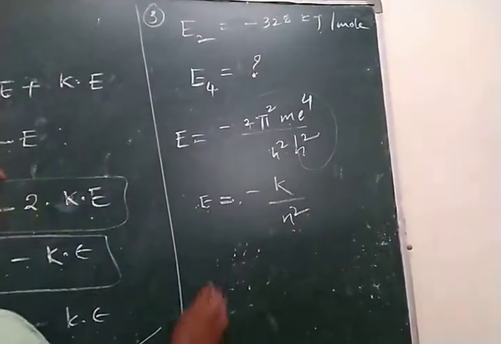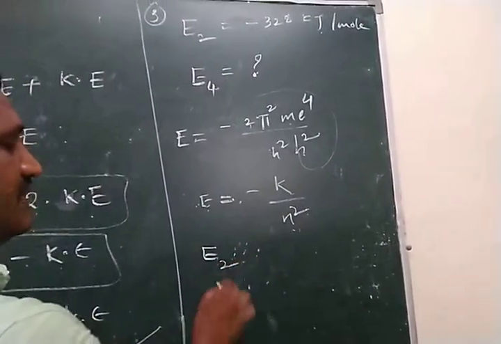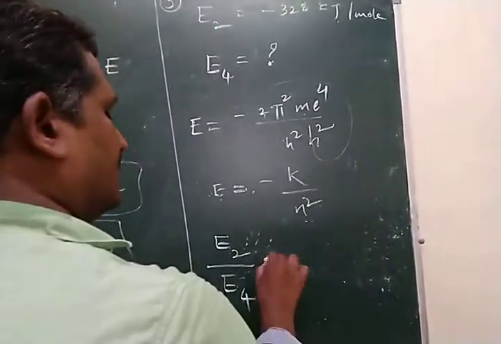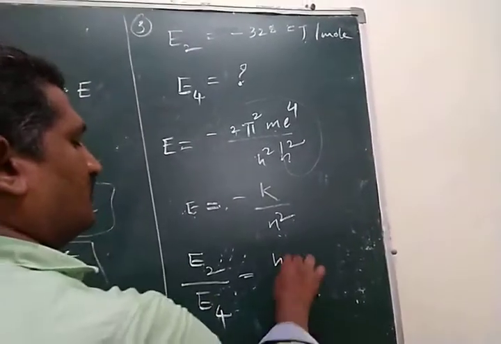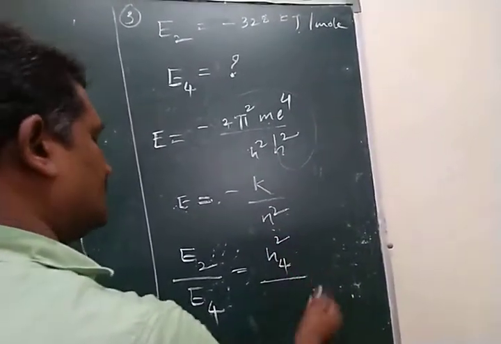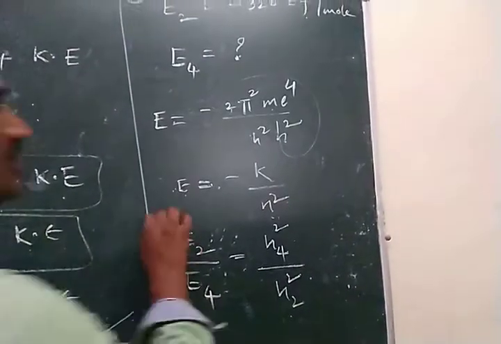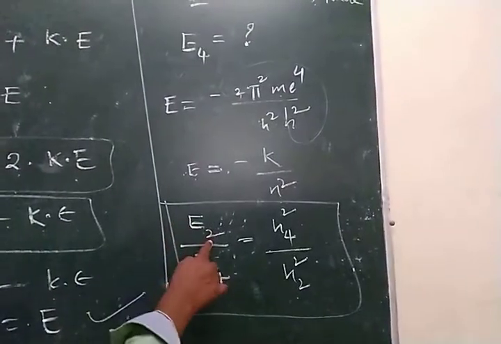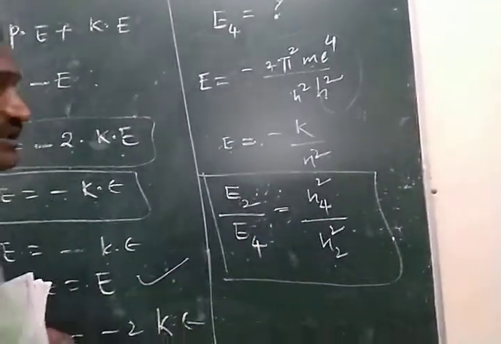So from this formula, energy of second orbit by energy of fourth orbit equal to fourth orbit square by second orbit square. If you apply this formula, we will get the answer. This is the energy of second orbit, this is the energy of fourth orbit.